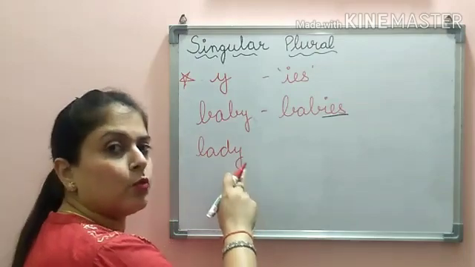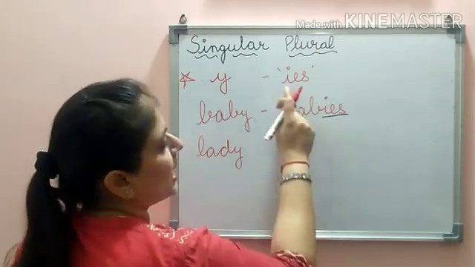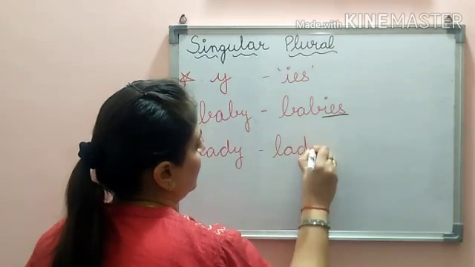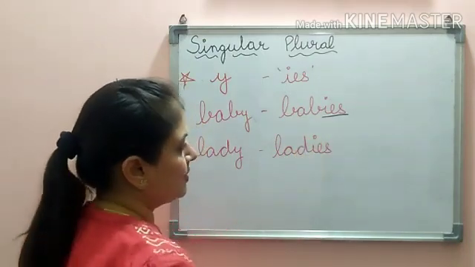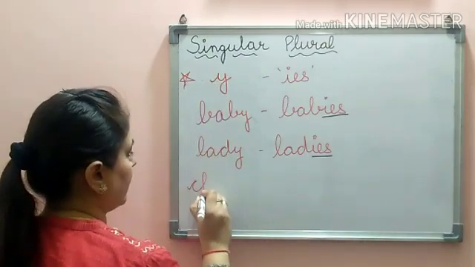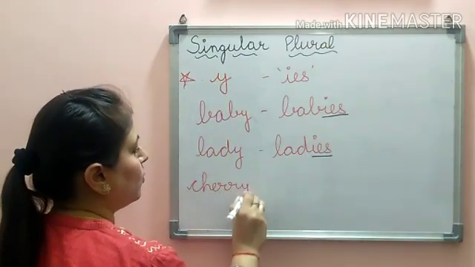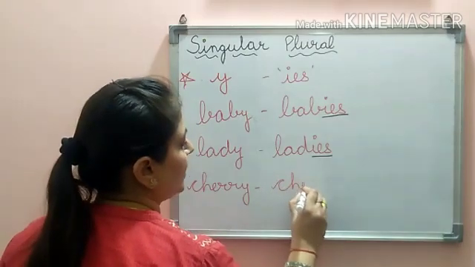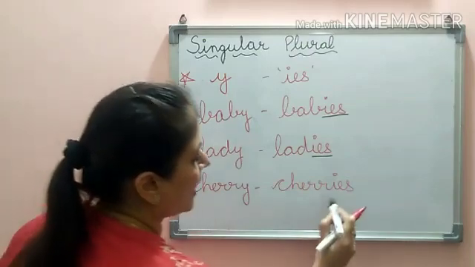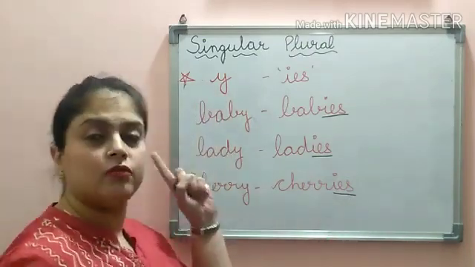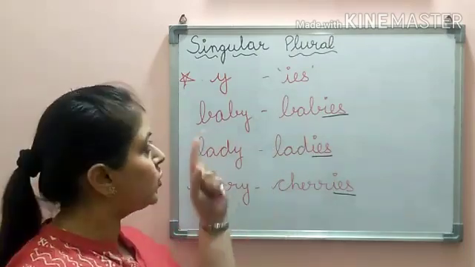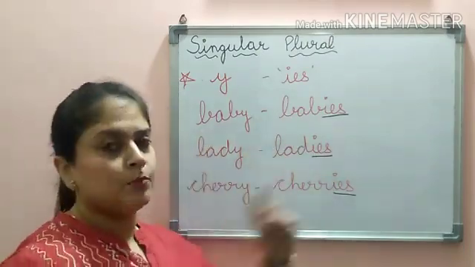Again, I have to remove y from here and I will add ies. So it will become ladies. Now cherry will become cherries. Simple, ies. Remove y and add ies to make a singular naming word to the plural one.